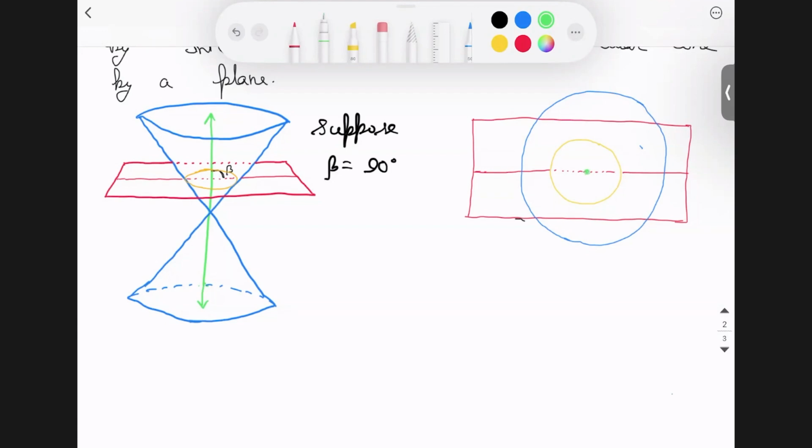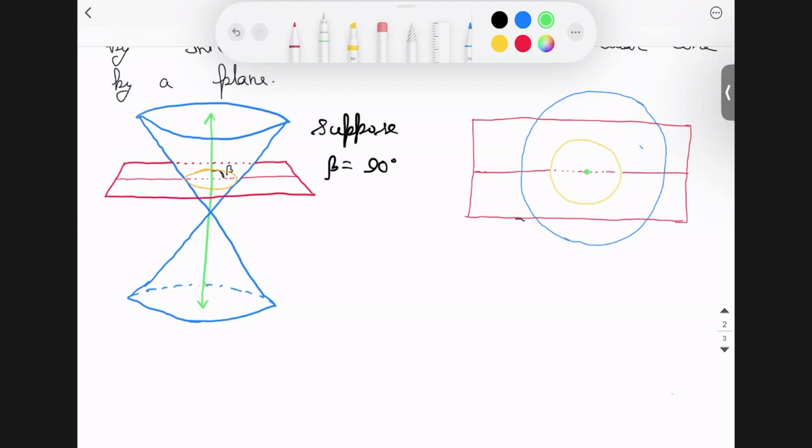We just try to understand this fact that I am watching from the top position of this right circular cone, to understand how this circle looks on the plane. So if beta equals 90 degrees, then we can find this circle on the plane, which is the intersection of this right circular cone and this plane.